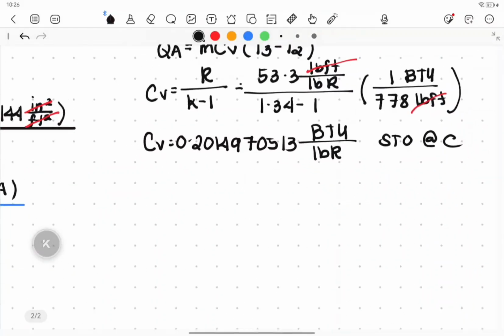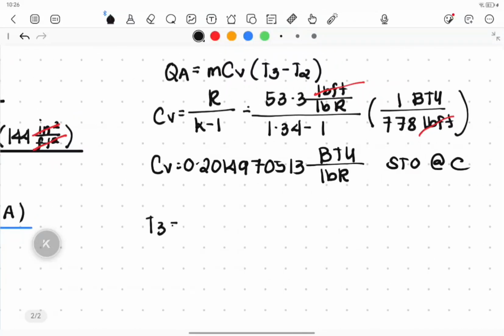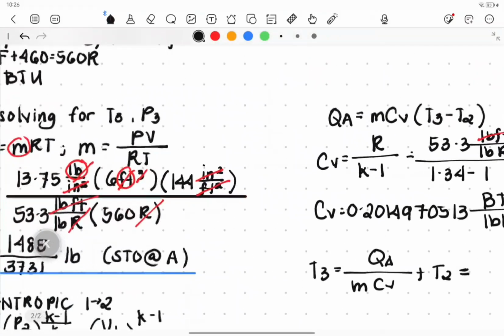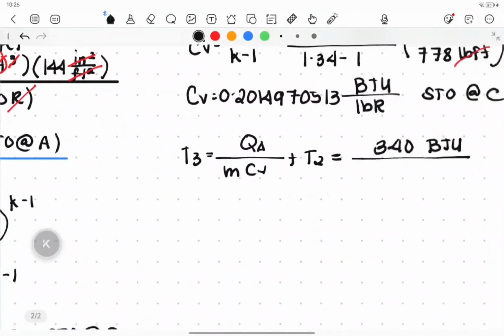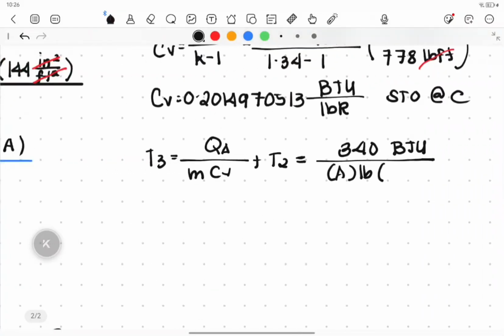And now we can generate a formula for T3 by transposing this. So we have T3 is QA over m Cv plus T2. Then we can just substitute the givens. So we have 340 BTU all over. Our m is at letter A, and that is in pounds. Our Cv is at letter C, which is in BTU per pound Rankine.